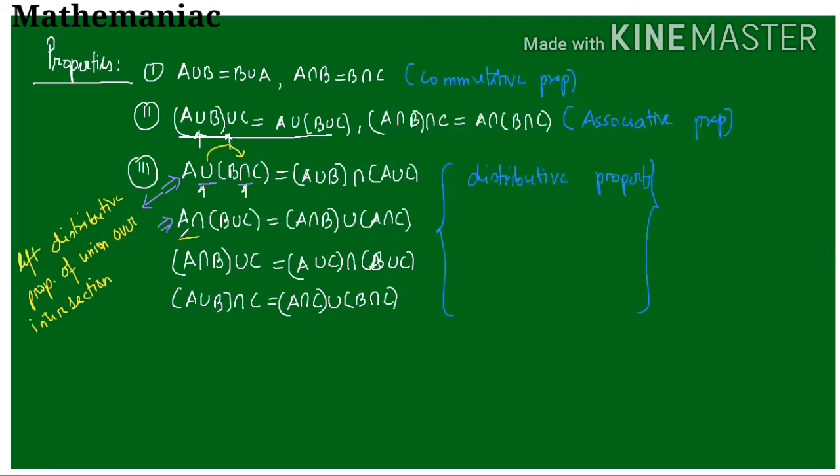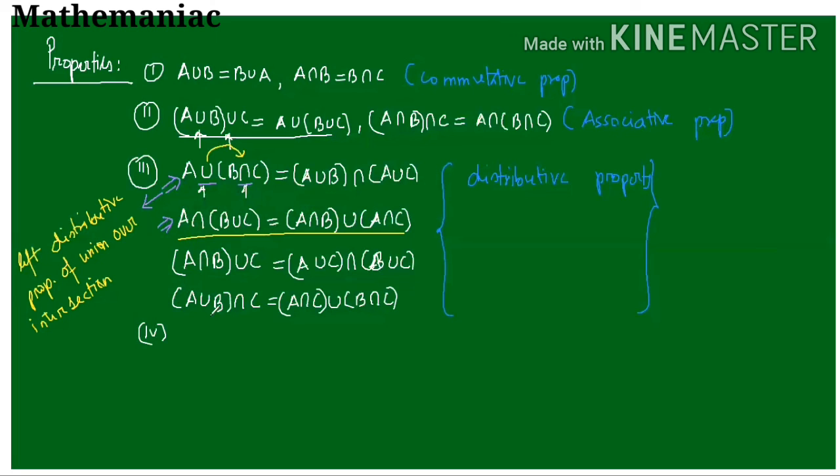So if you read like this, then this will be read as what? It is the left distributive property of intersection over union. Second property, if I discuss, it is the left distributive property of intersection over union. In the same way, this is the right distributive property of union over intersection. That's the thing you have to write. So be very alert about these particular wordings.